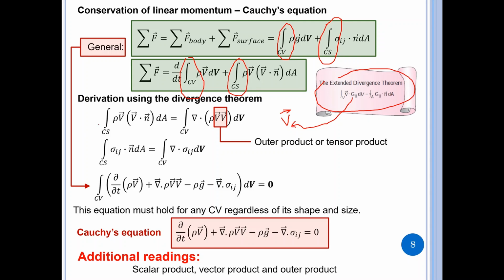So basically the integral over control surface rho V dot n dA becomes the integral over control volume del dot rho VV times dV. Same thing we can apply on sigma ij dot n dA, where this sigma ij is basically G. So this is the second expression that we find.